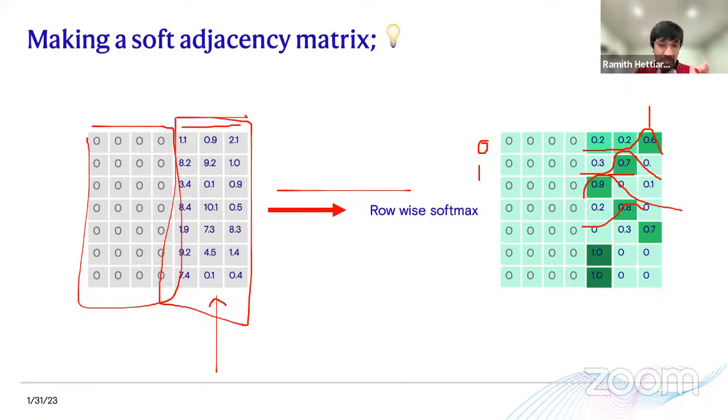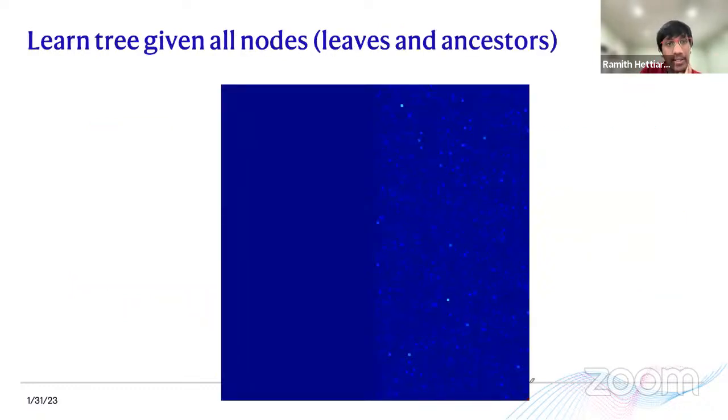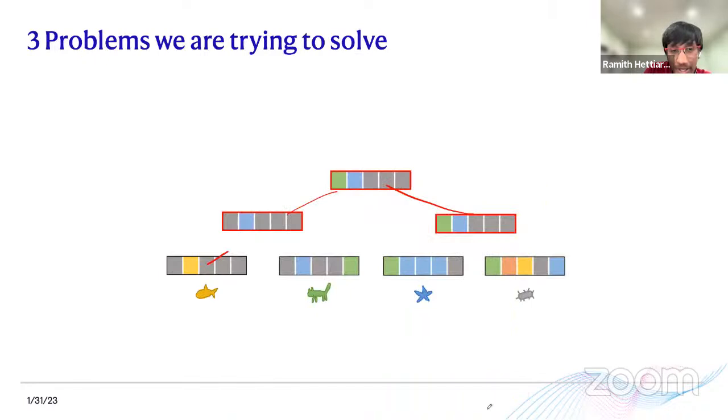So with this soft approach, what I initially tried was trying to solve the first problem. If we recall, we knew all the nodes, the ancestors and leaves, we knew everything, but we didn't know the tree.